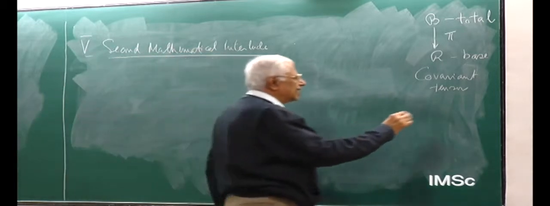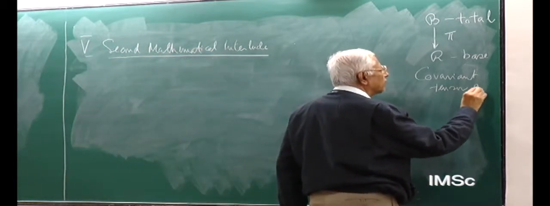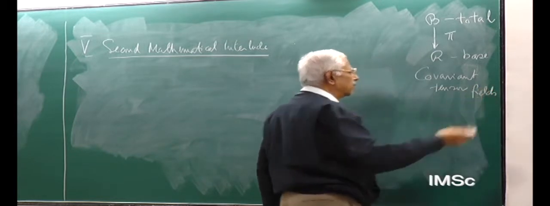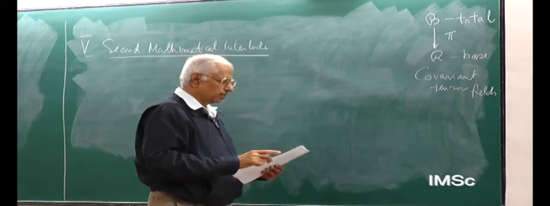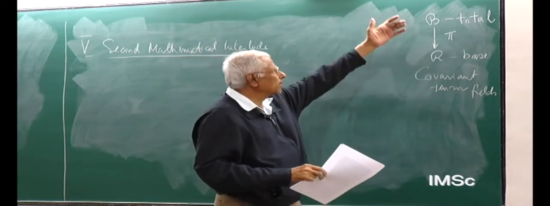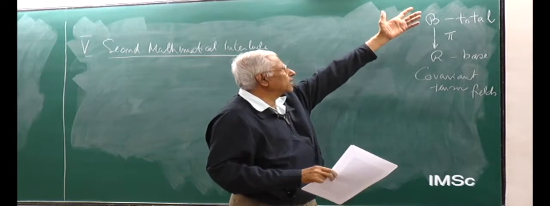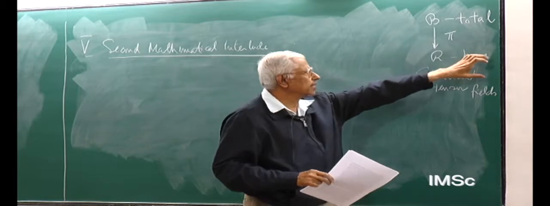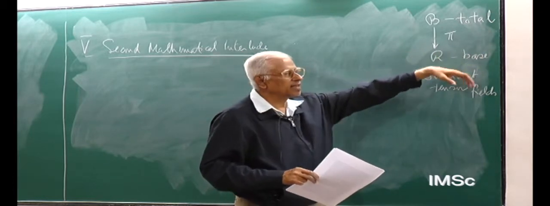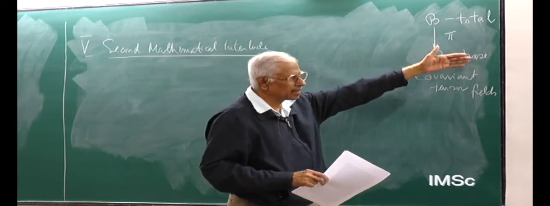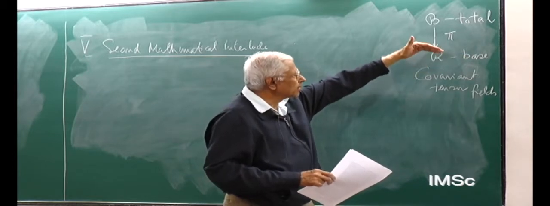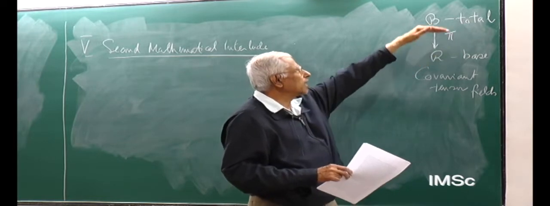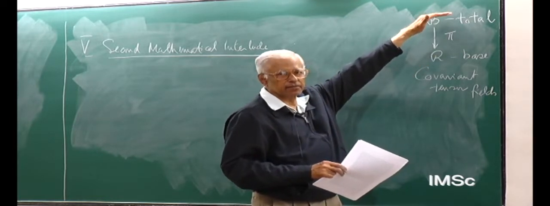Now, it is a fact which you can see in books and learn that whenever there is this kind of projection map from something larger to something smaller, covariant tensors, covariant vectors, covariant second rank tensors, covariant third rank tensors, etc., on the lower thing can always be pulled up to the upper space.